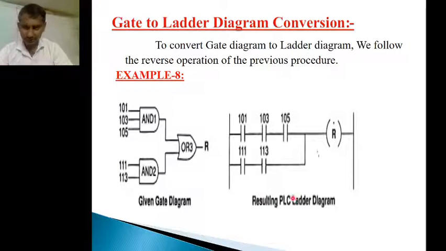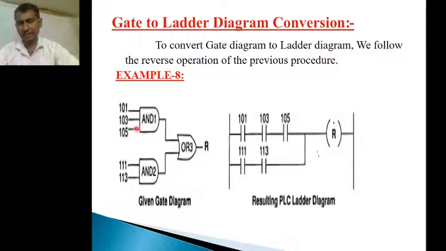So here also we come from the output side onwards. So first at the output we have an OR gate. So we have to go for the two combinations that are connected in parallel. What is the first combination? AND gate, consisting of 3 inputs. What are the 3 inputs? 101, 103, 105.